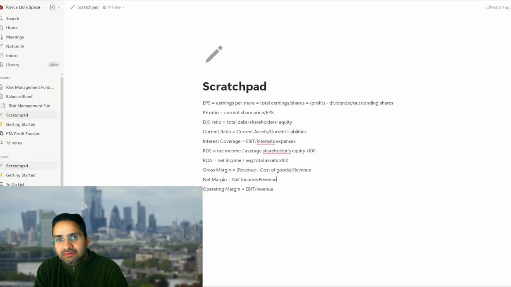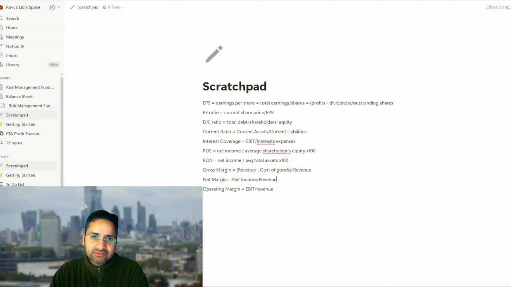And if you look into various industry sectors, then tech is between 20 to 40% net margin, and retail is between 2 to 5% net margin, and you should be comparing trends for the past 3 to 5 years.